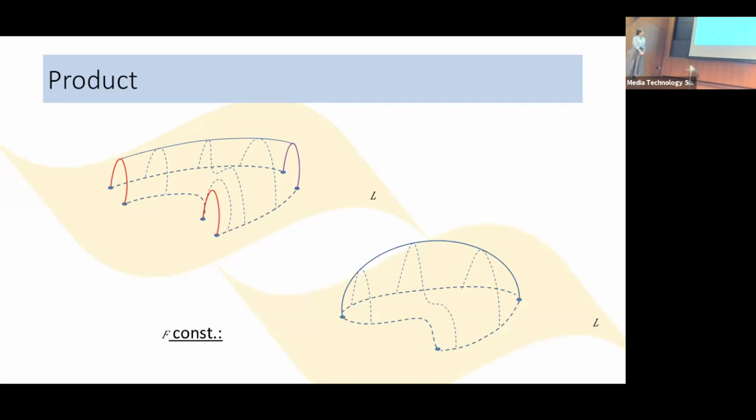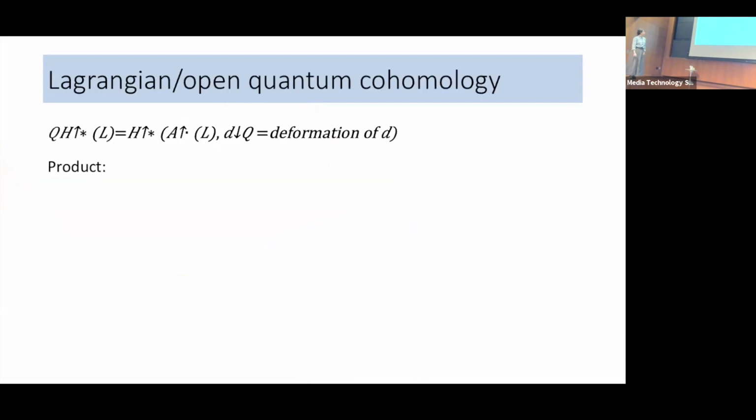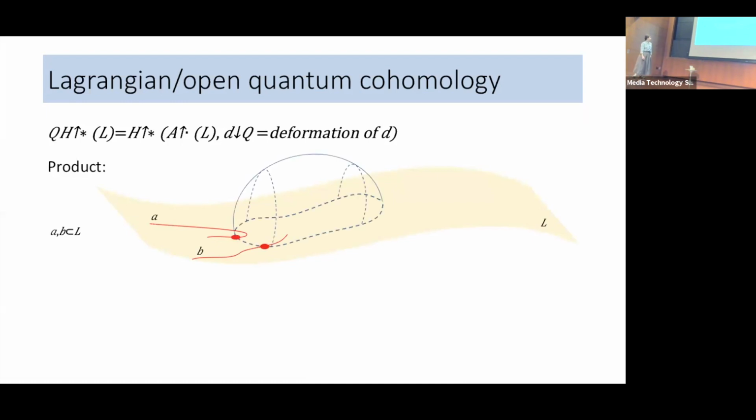This hopefully can give you an idea of what the quantum product should look like. So the Lagrangian quantum product is: we take, again, chains on L, and in order to compute their product, we consider all the disks that intersect these chains, and see where else this disk can go.